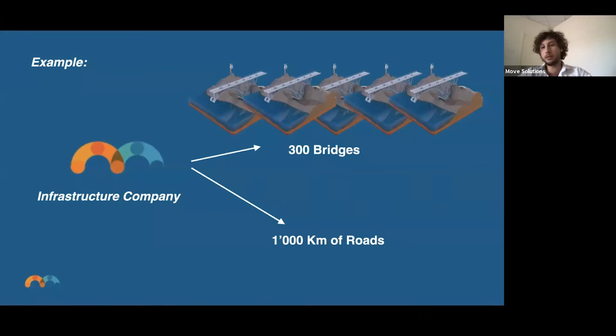When there are so many structures in my portfolio, in our portfolio as an infrastructure company, it's hard to know where to focus first, where I should focus. What is the bridge that needs help right away? On which bridge, for example, do I need to invest?